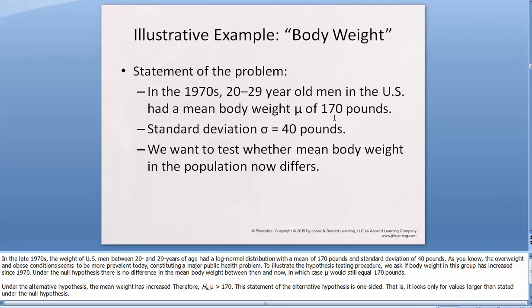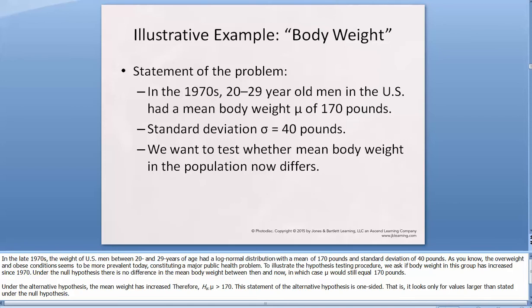That is the question. So that is our hypothesis. From the hypothesis, we can make a claim. The claim could be that now men weigh more than in the 70s, so on the average, the mu now is more than 170. That would be HA with the greater than symbol.